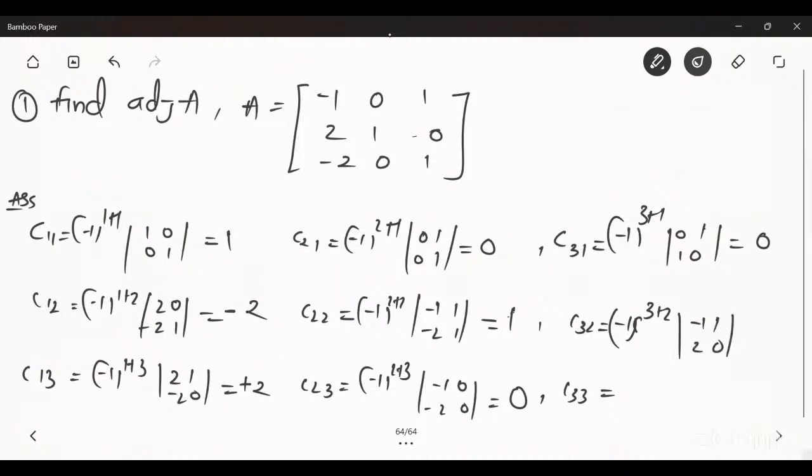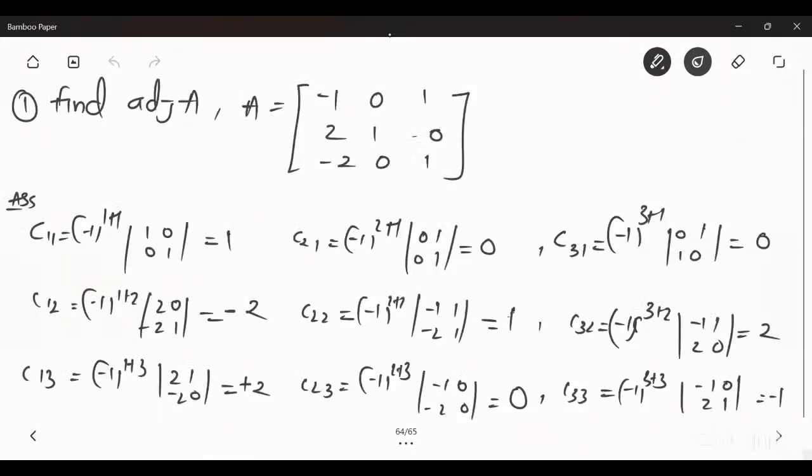On solving, you will get 3 plus 2 is 5. So minus 1 to the power 5 is minus 5. And here minus 1 into 0 is 0 minus 2. So you will get 2. C33 is minus 1 to the power 3 plus 3. So minus 1, 0, 2, 1. So you will get minus 1 here.